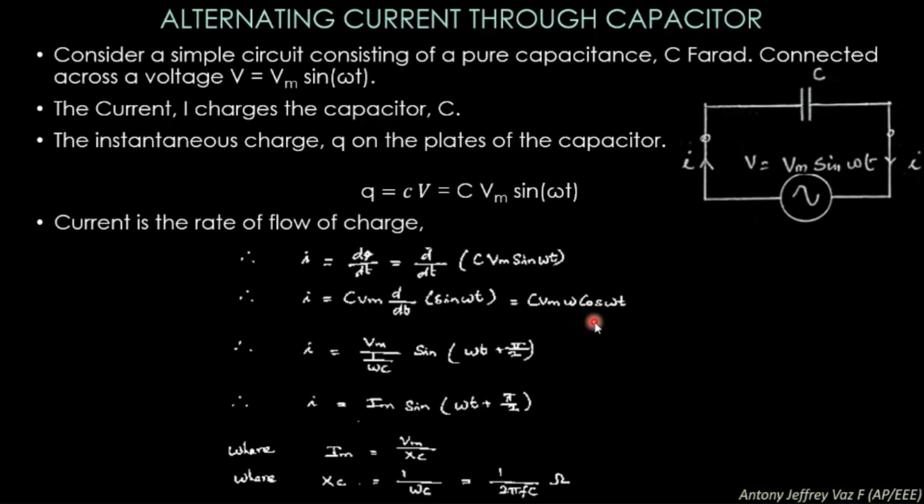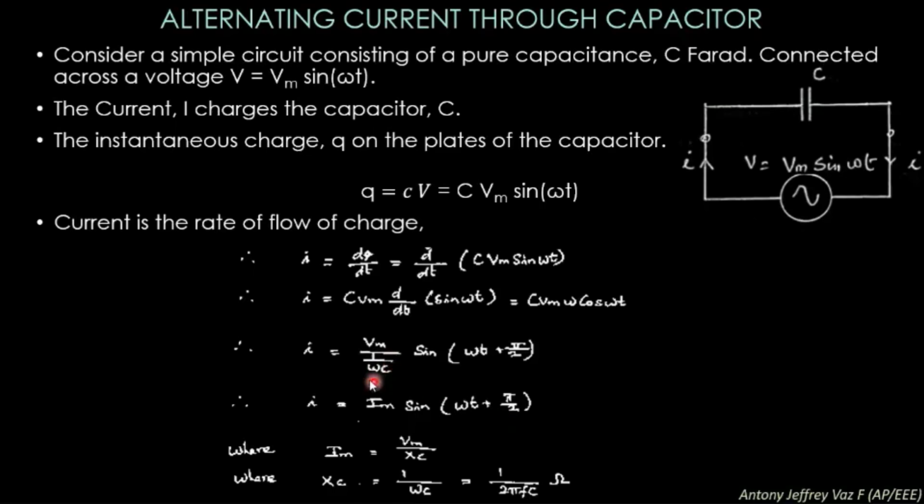So cos theta is equal to sin theta plus 90. This is the formula, and you are applying this formula here. While applying this, you can say I is equal to Im sin omega t plus pi by 2.